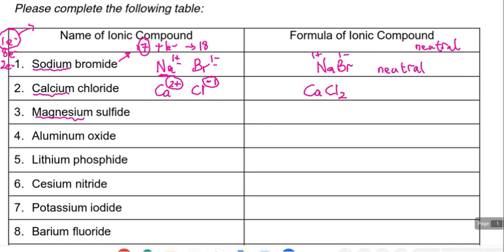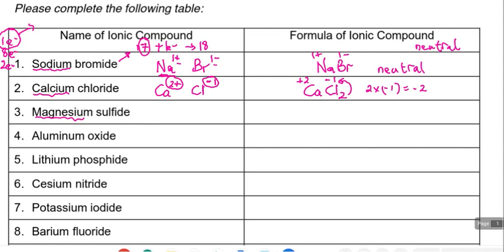It tells me I need 2 Cl's to cancel off the calcium. Because remember, the calcium is a +2 charge, the Cl is a -1, and that's why I need 2 of those. Because 2 times -1 will give me -2, and that -2 will then cancel off the +2 charge of calcium.